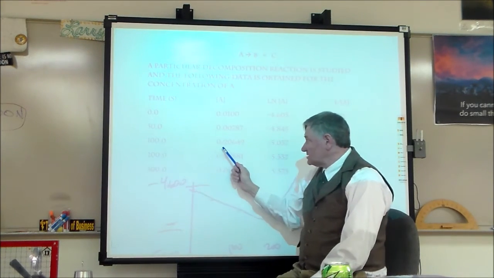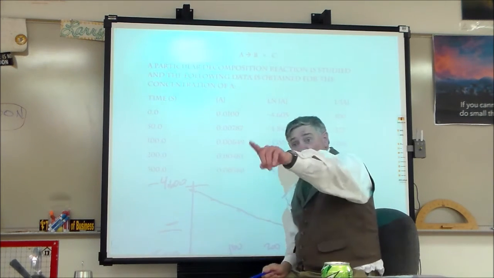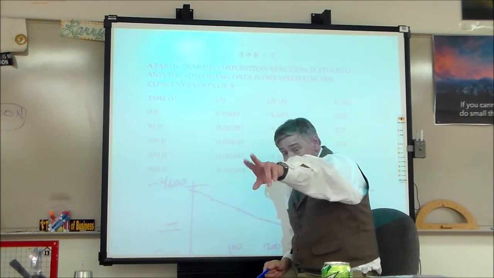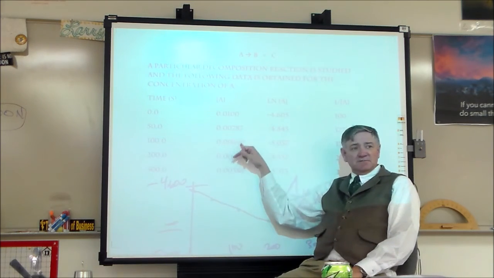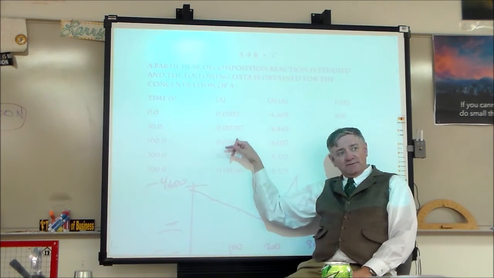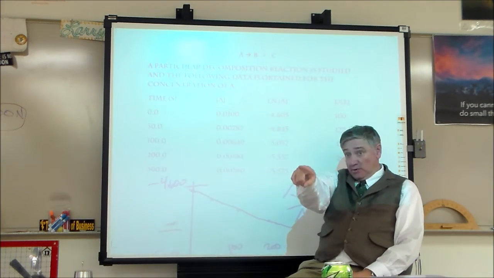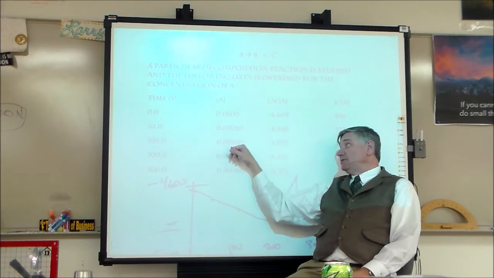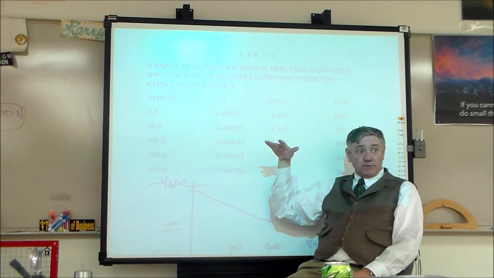At 100 seconds, my concentration was 0.00649. You have a value of 7.1 times 10 to the negative third. Notice that it fits within this data set. So if that number that you just got didn't fit within these two data points, I've done something wrong. Okay?